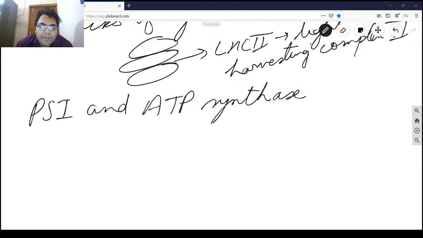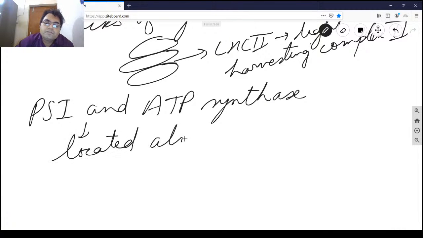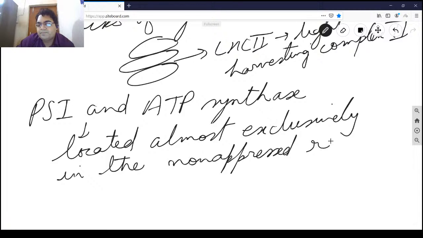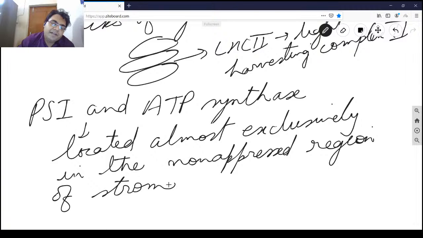This complex is located almost exclusively in the non-appressed region of stromal thylakoids.